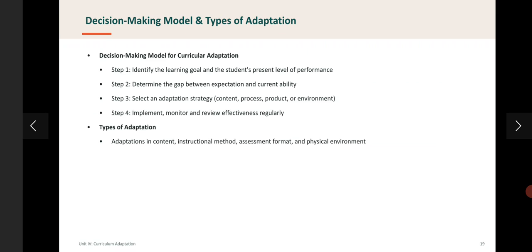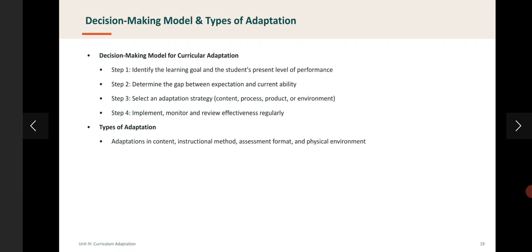Okay. So, curriculum adaptation in terms of quantity. If it is adapted in terms of quantity, then the learner is expected to learn fewer items, or the number of activities students will complete prior to assessment for mastery changes.